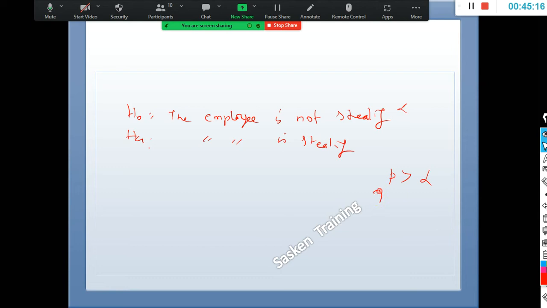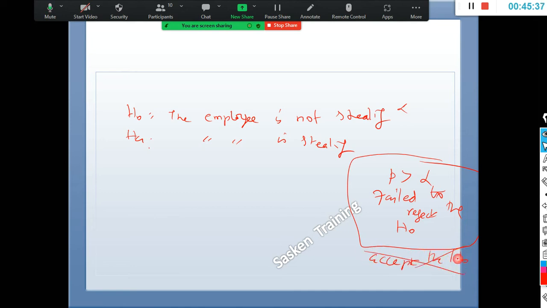Say fail to reject the null hypothesis, fail to reject the H sub 0, which is nothing but my null hypothesis, which in general English is accepting the null hypothesis. But you are not supposed to use this term when it comes to study.